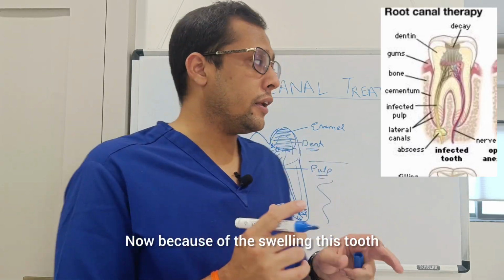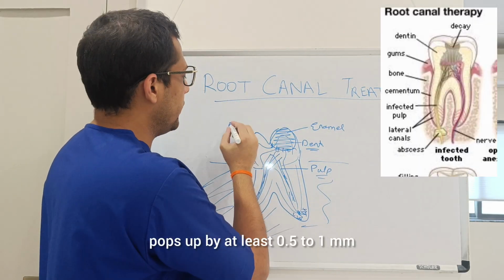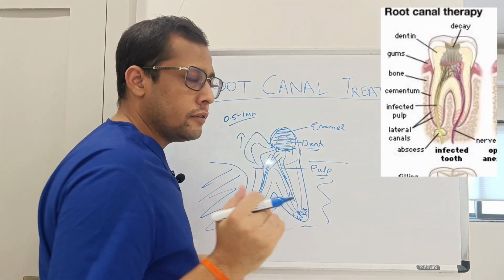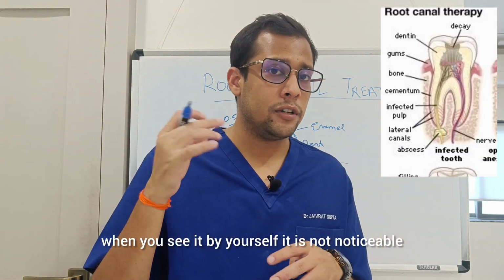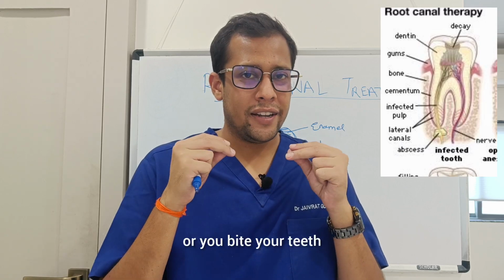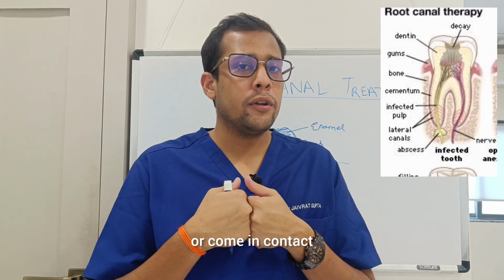Now because of the swelling, this tooth pops up by at least 0.5 to 1 millimeter, which is not noticeable clinically. When you see it by yourself, it is not noticeable, but whenever you touch or bite your teeth, that tooth is the first one to come in contact.